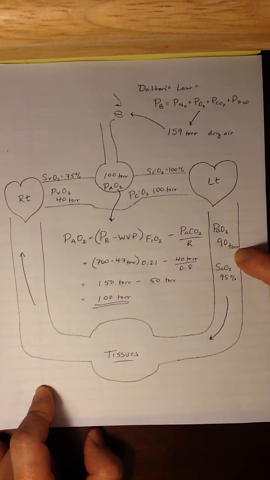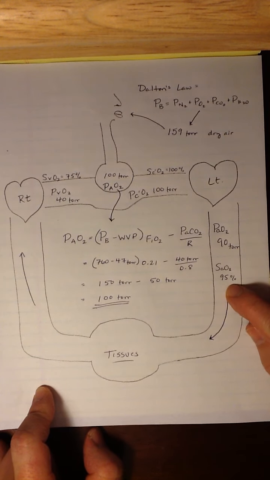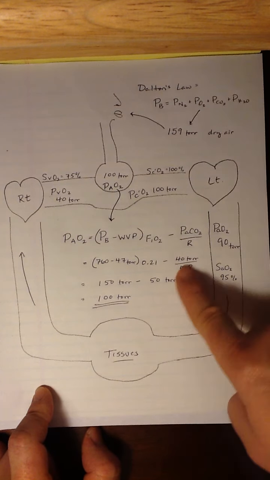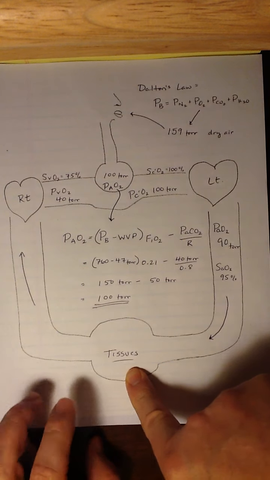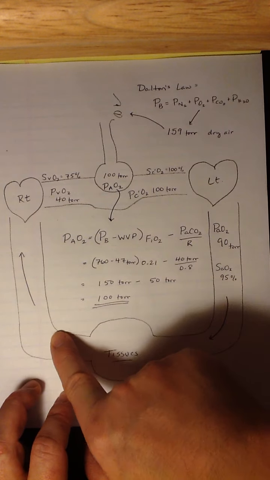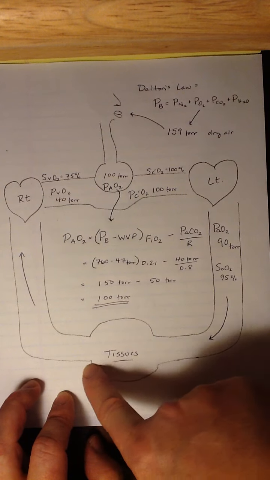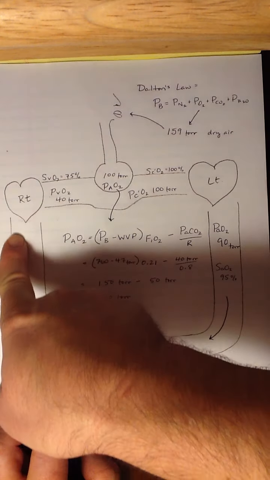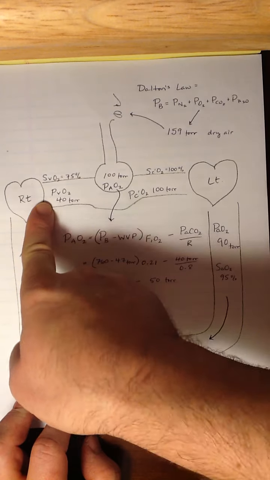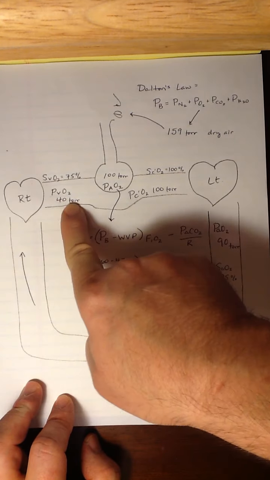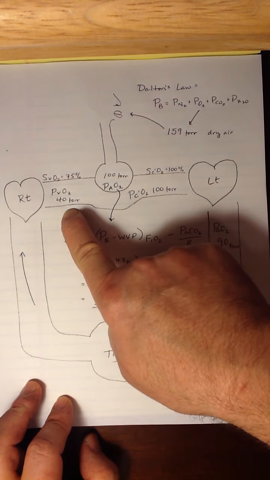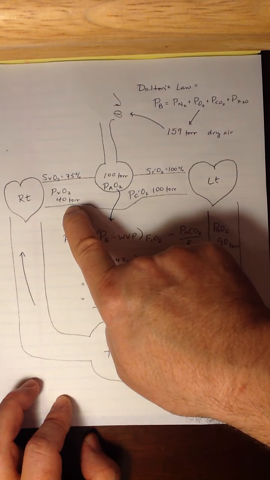I just created the 90 torr here as an example, and saturation is usually around 95-97%, so I used 95. This is actually what perfuses the tissue bed where gas exchange takes place again. And then the venous gas moves back to the right heart from the inferior and superior vena cava, which gives us a mixed venous gas here in the pulmonary artery.